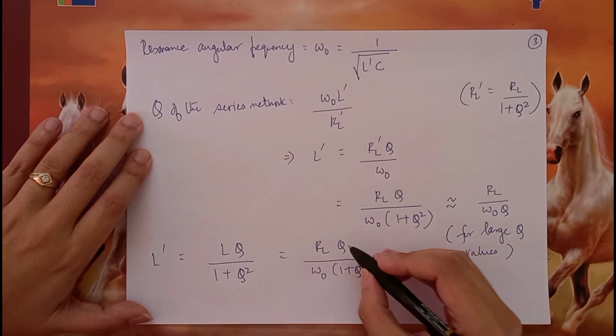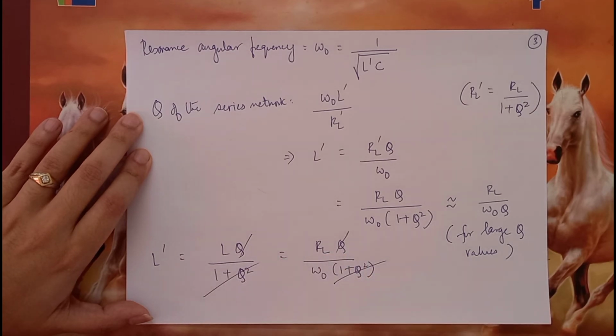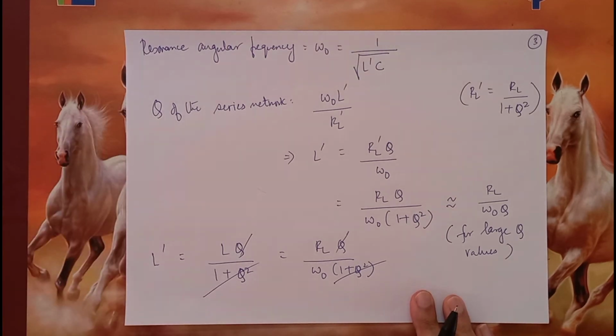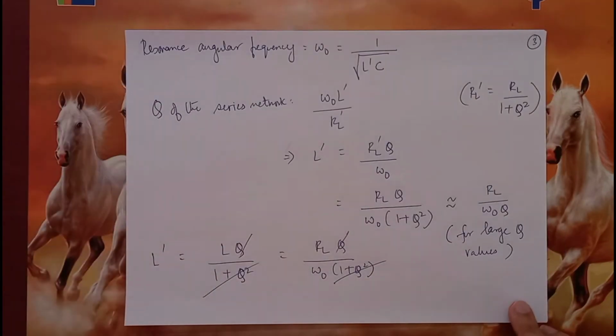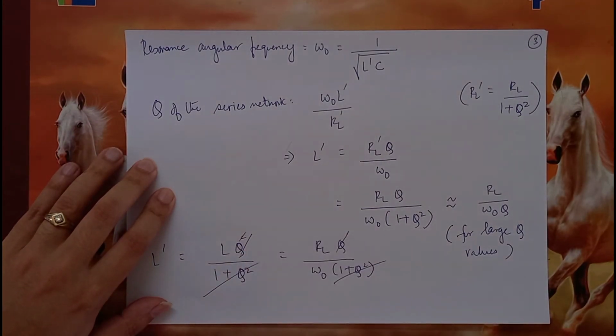So you can actually cancel this out. I'm sorry, this has to be Q square. Yeah, so if you have this, you can leave it as it is.